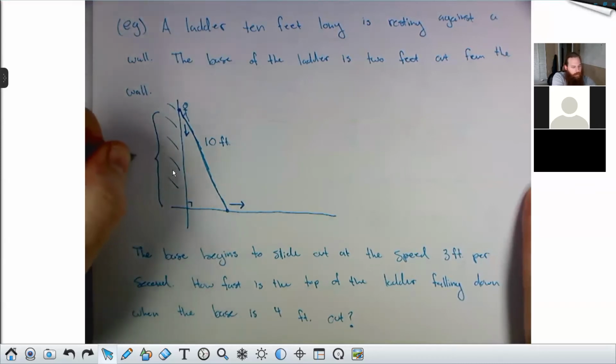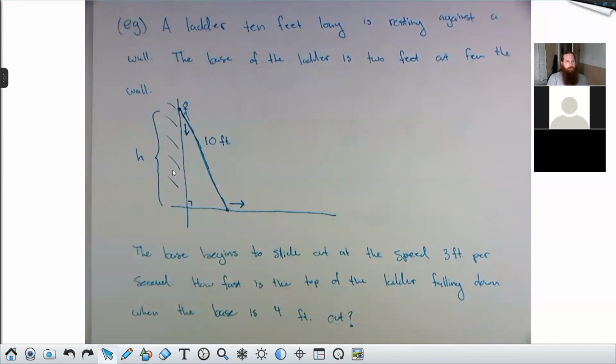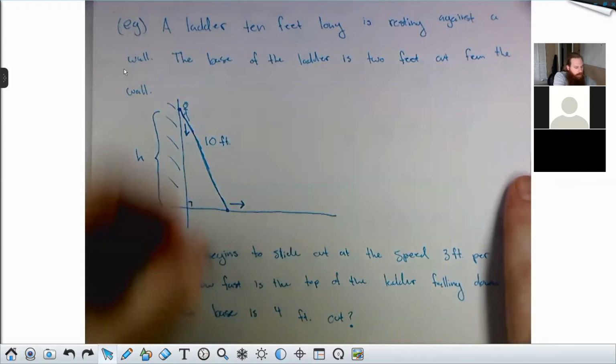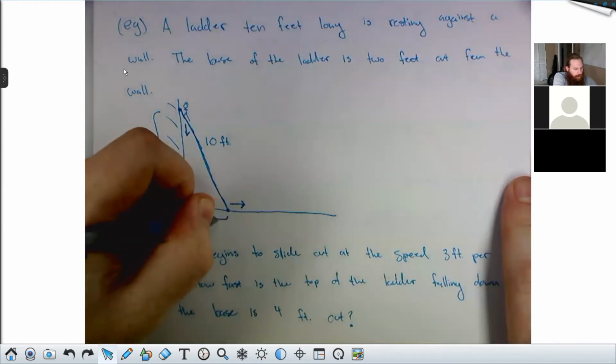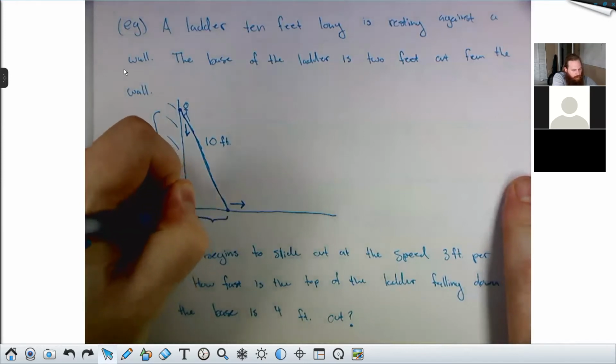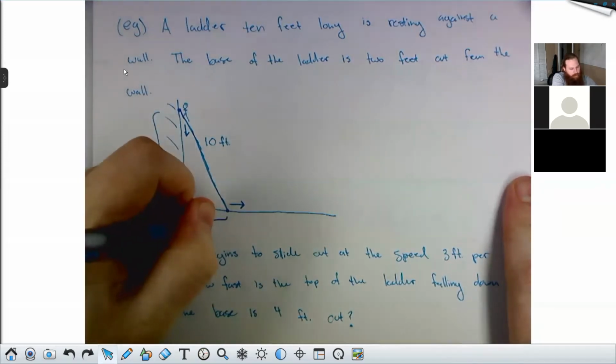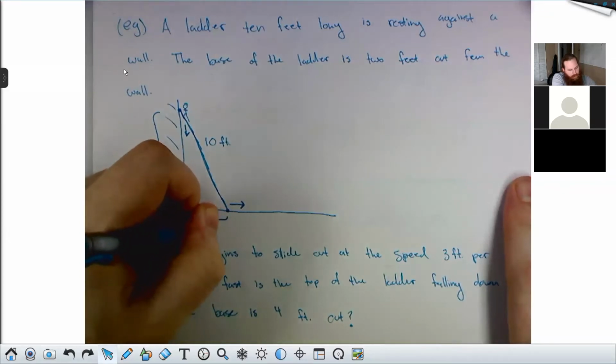How far it is off the ground. Let's call that h. And the distance between the bottom of the ladder and the wall, let's call that x.